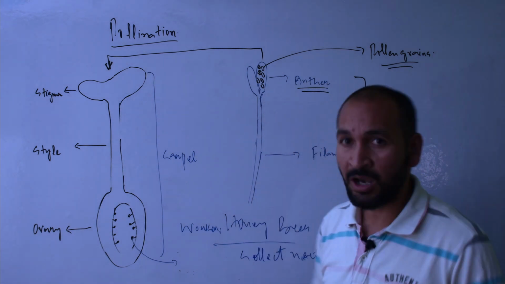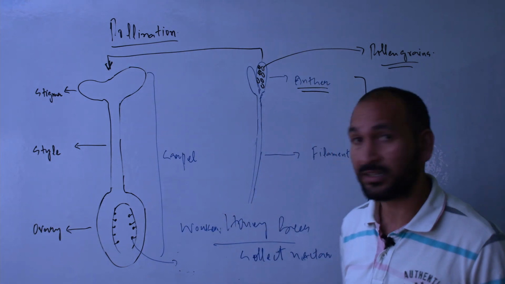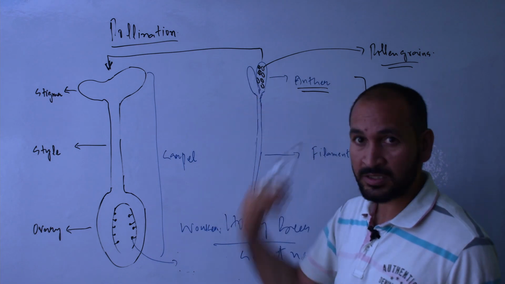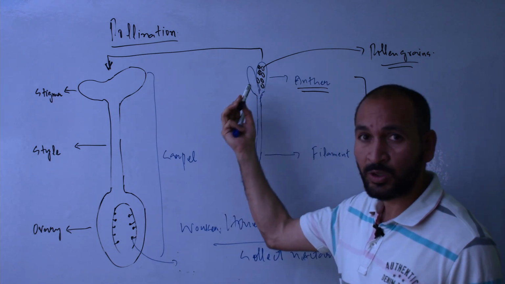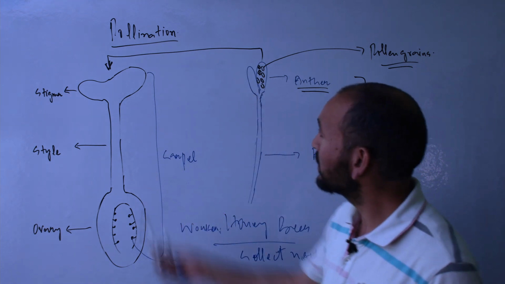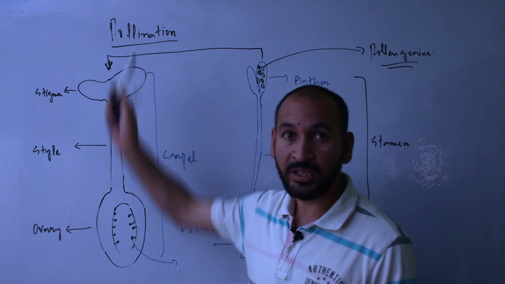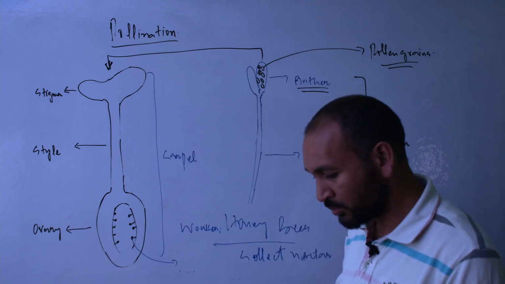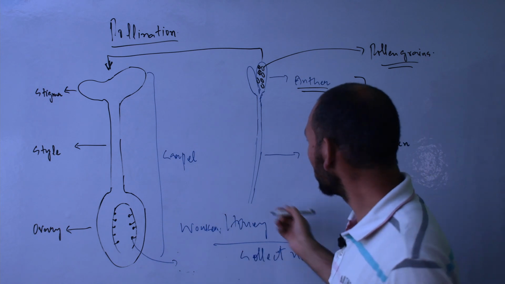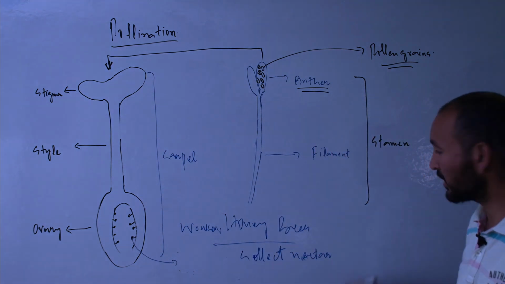This is how insects like the honeybees help in transporting pollen grains from one flower to another, thereby bringing about pollination. So the number one agent that can help in this is insects.